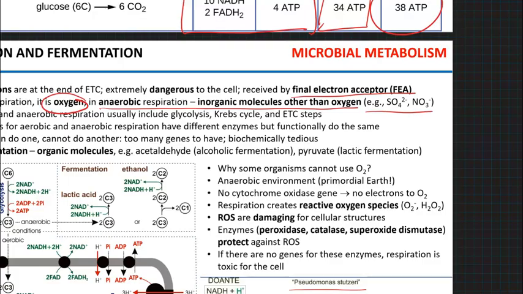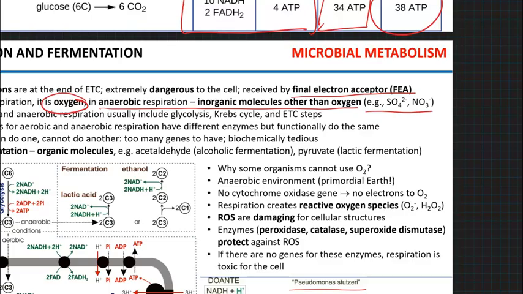Okay? I'm going to ask you questions about aerobic respiration first. They are very simple. We answered them a gazillion times today. Aerobic respiration, does it include glycolysis? Yes. Does it include Krebs cycle? Yes. Does it include electron transport chain? Yes. Anaerobic respiration, does it include glycolysis? Yes. Krebs cycle?